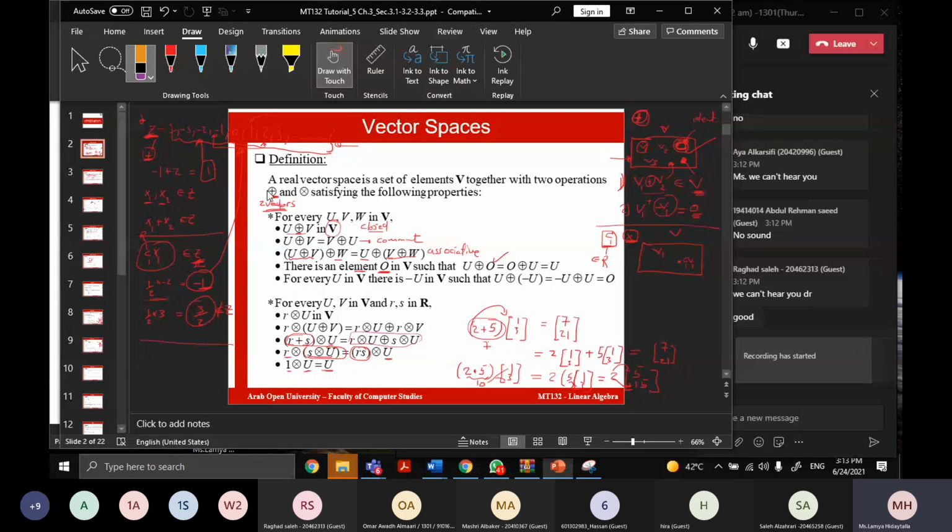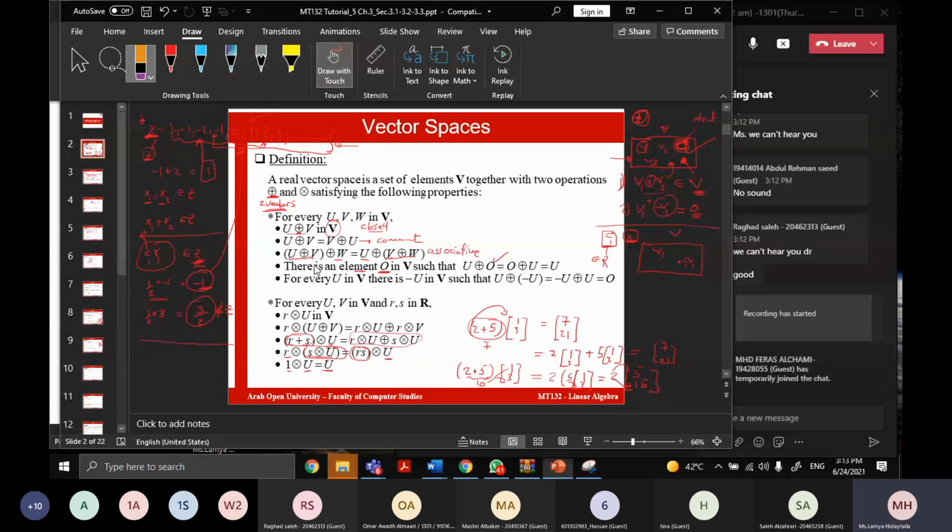For each one of these, there are 5 conditions that should be satisfied. If they are all satisfied, then this set of vectors with these 2 operations we call a vector space.